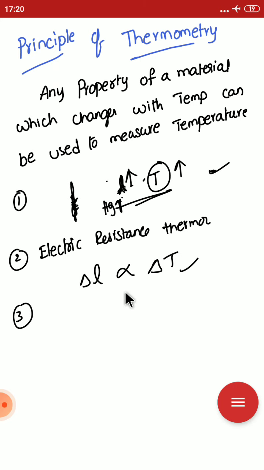Next example is the thermocouple thermometer.